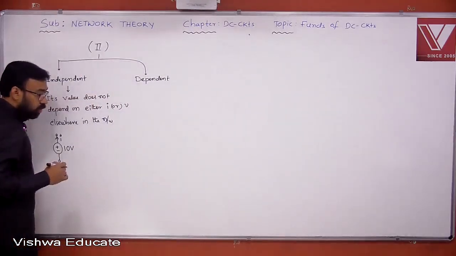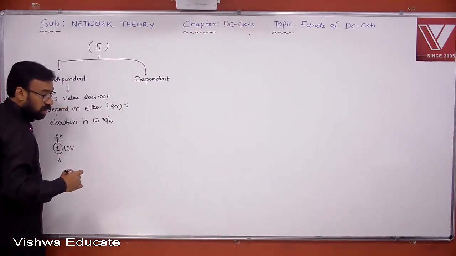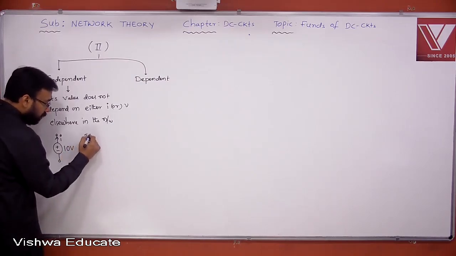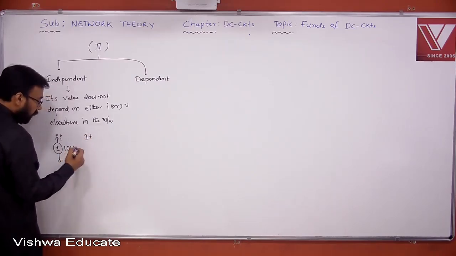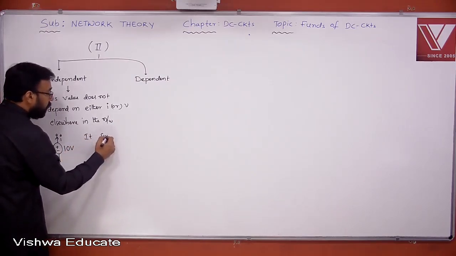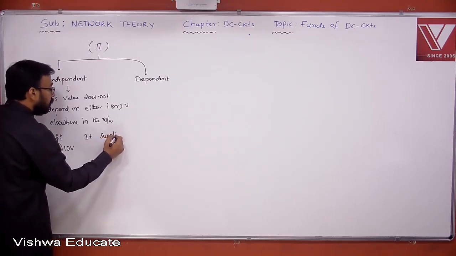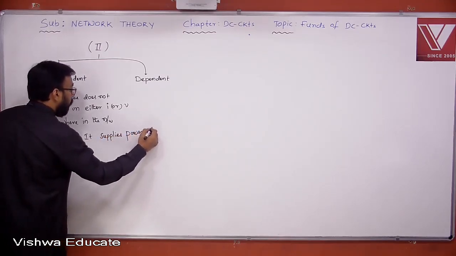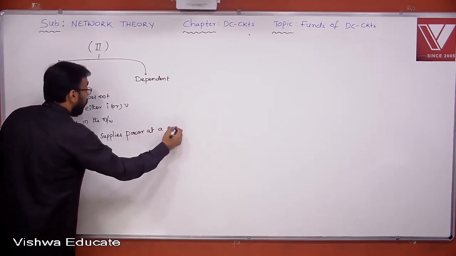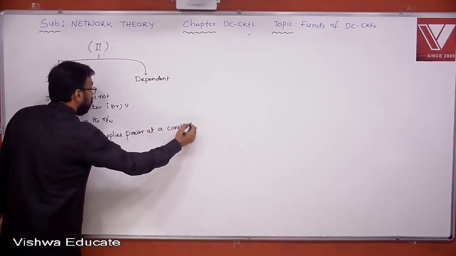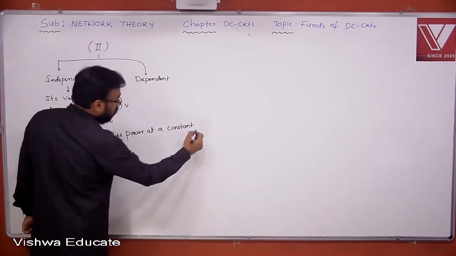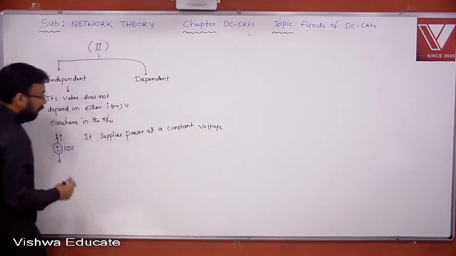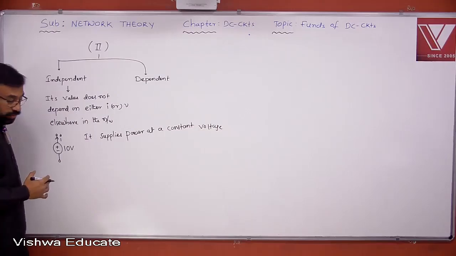If somebody is asking you to define the independent source or independent voltage source, you can define like this. It supplies power at a constant voltage.